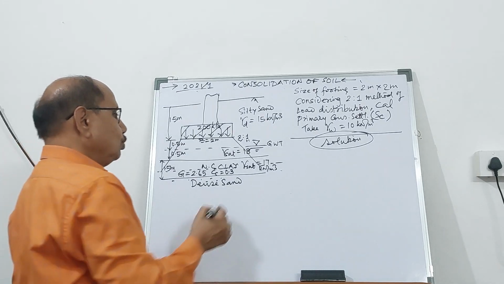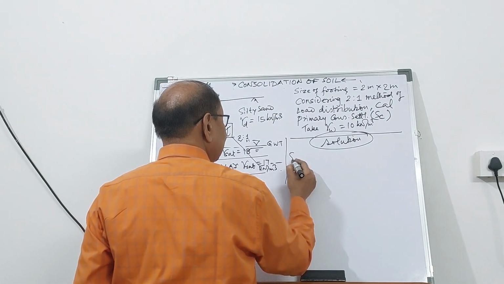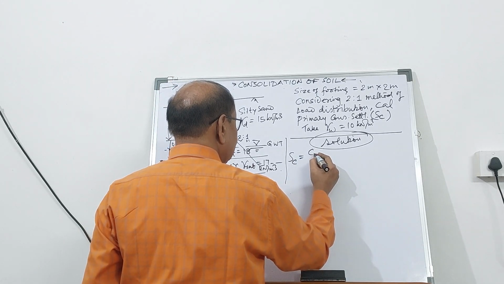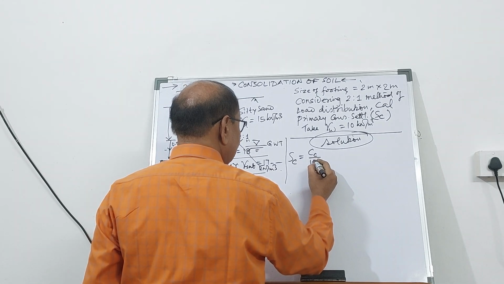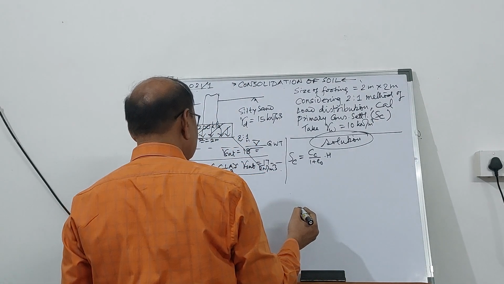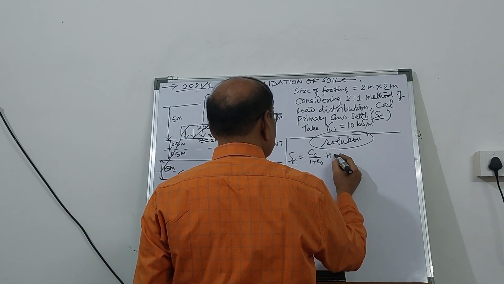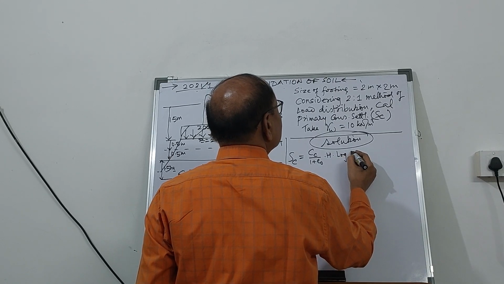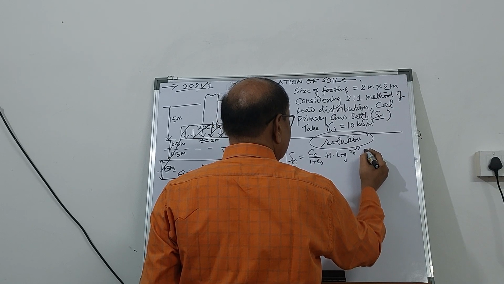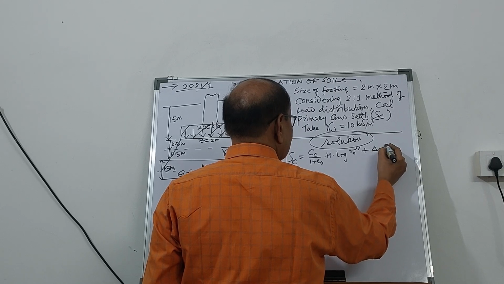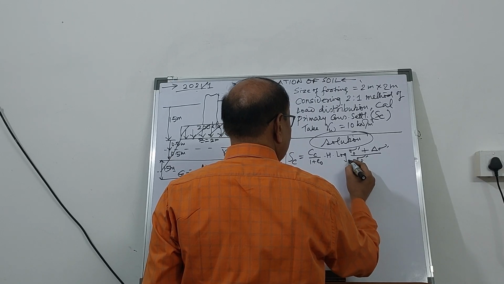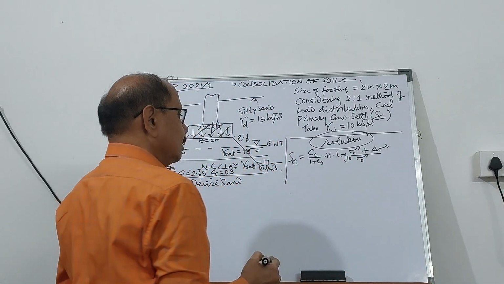So, you know the formulas, so many times we have written. For normally consolidated clay, Cc divided by 1 plus e naught into height or thickness of the clay stratum into log of effective overburden pressure at the middle of the clay layer plus increase in pressure due to the loading, divided by sigma naught prime.